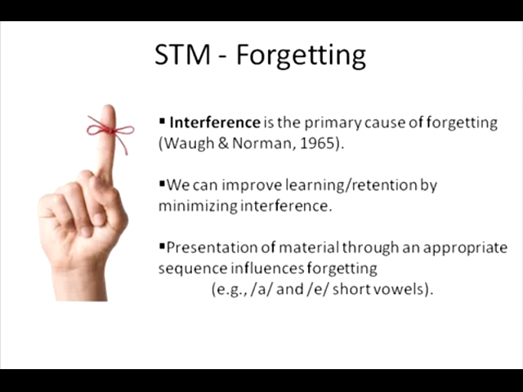Short-term memory and forgetting, or we also could say working memory and forgetting, starts with what we call interference. For example, any noise, not necessarily visual stimuli, but noise stimuli will interfere with the student's attention, and that is going to cause forgetting.